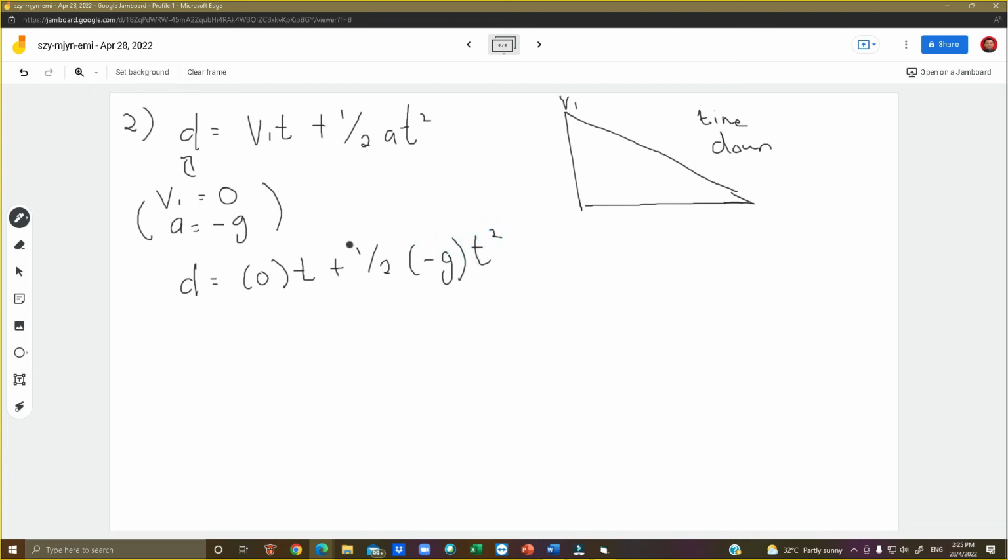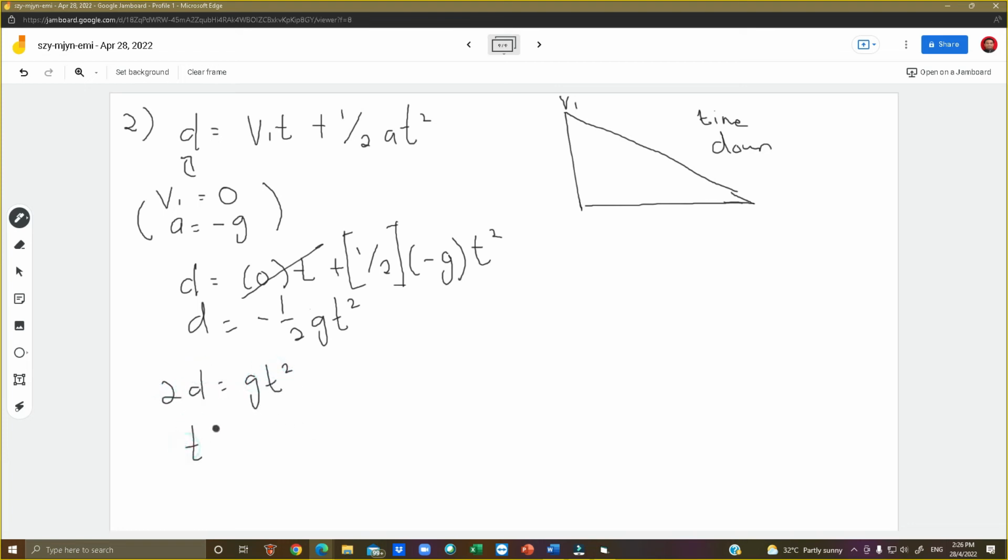Okay. We send this one to the left first. So you have 2D. This one is going to be slashed out as 0. And then equals negative GT squared. Sorry, D equals negative half GT squared. So 2D equals GT squared.